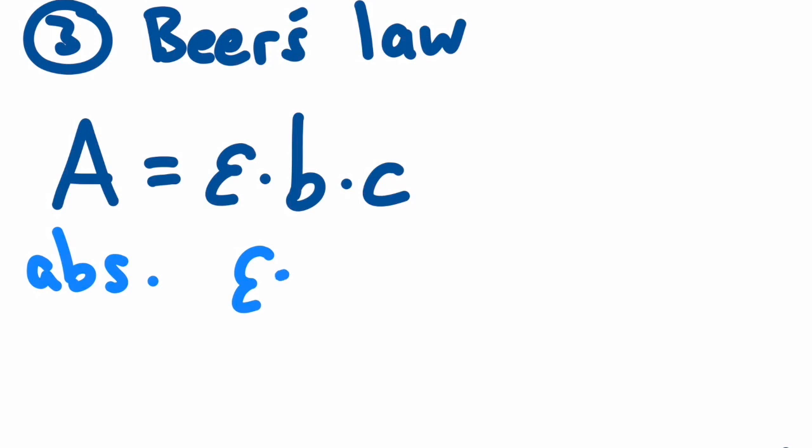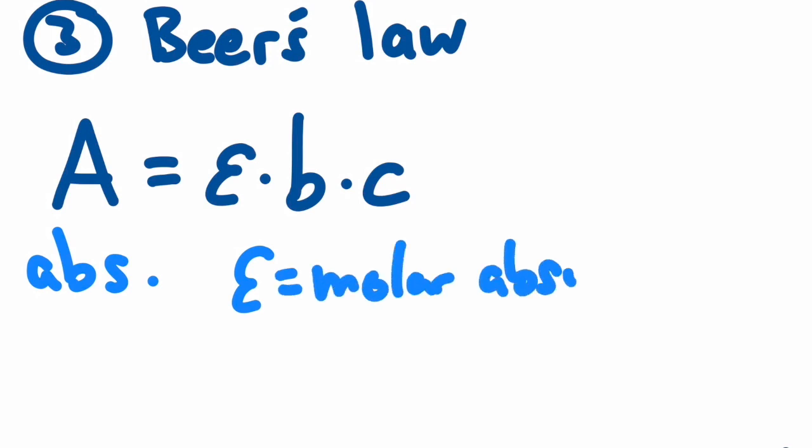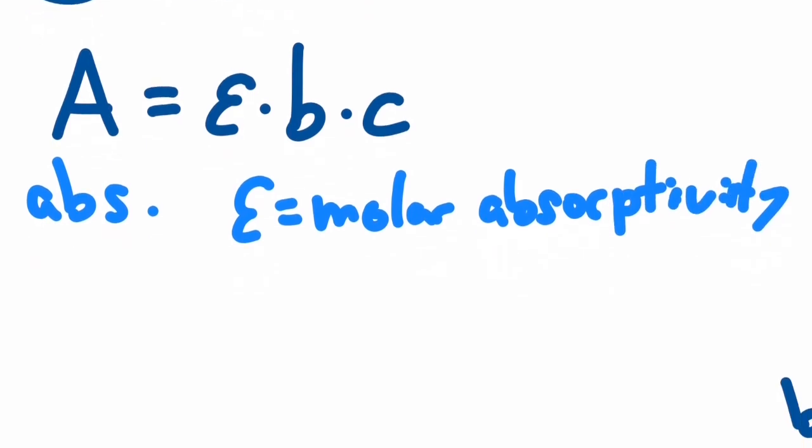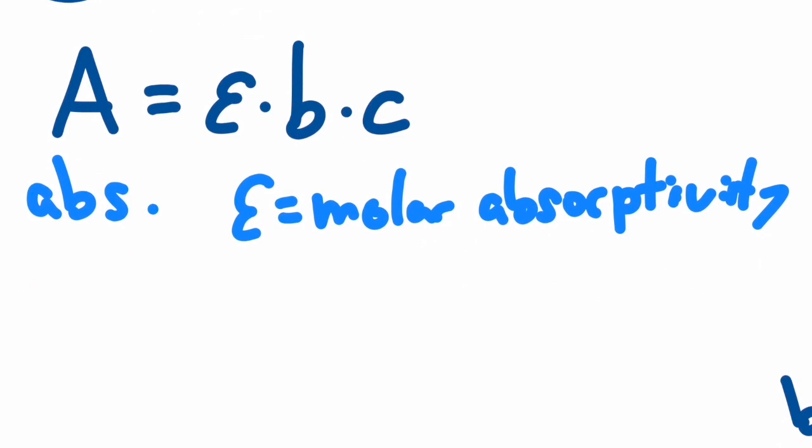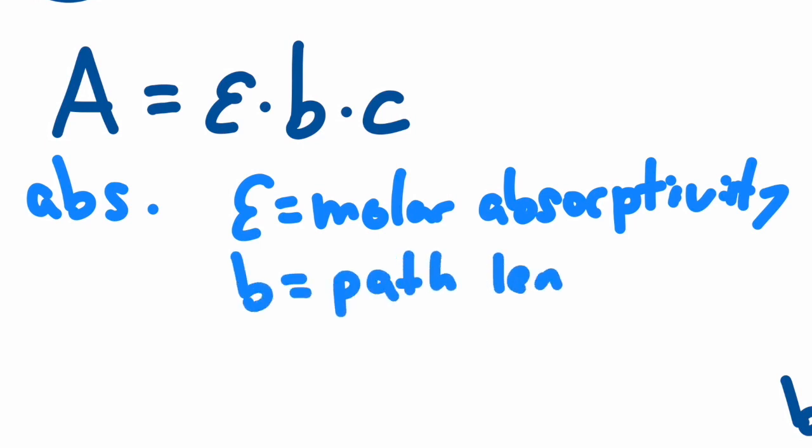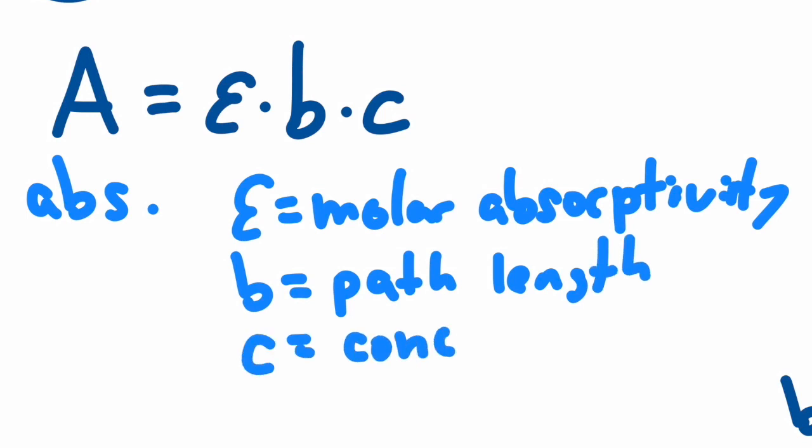Epsilon is the molar absorptivity, and that is based on what the substance is. Every chemical substance has a certain amount of absorptivity that is proportional to just how much light that particular substance absorbs. b is the path length, and c is the concentration.